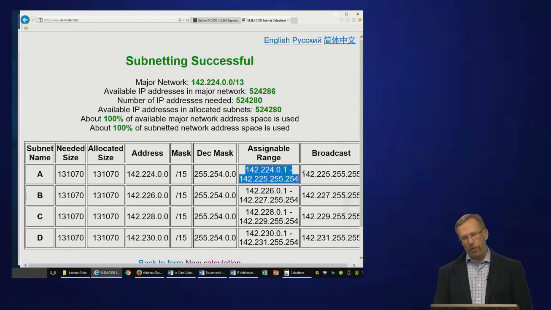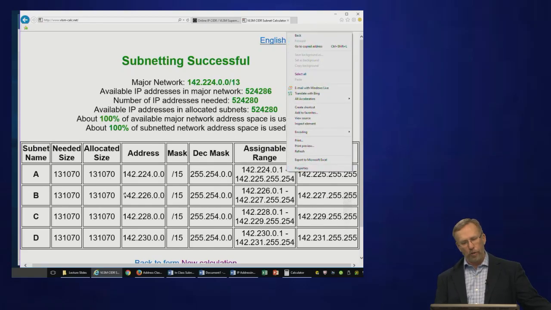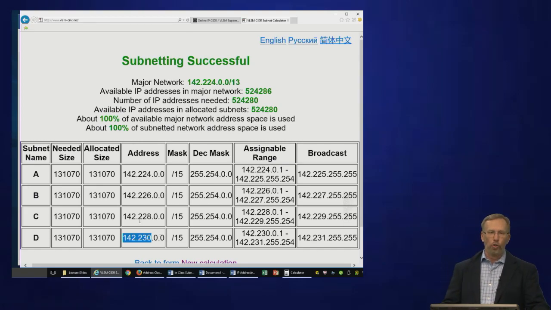And the broadcast is 142.225.255.255, which again is what we had in our table. And the same thing, we can see the next subnet is 226, the next one is 228, and the next one is 230. So these online calculators do work.